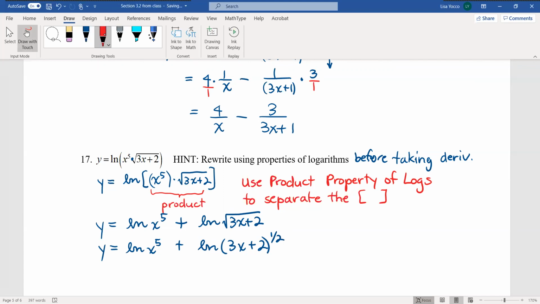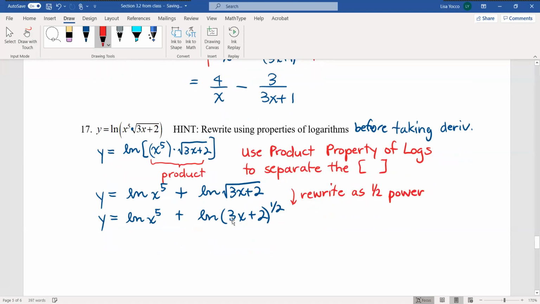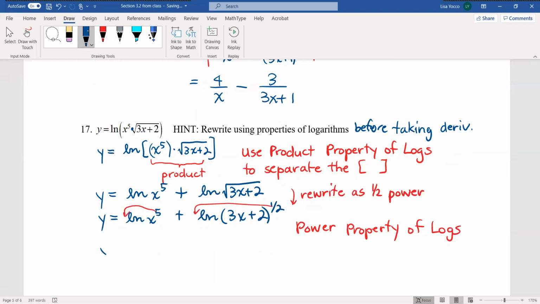Because then I can use another property of logarithms, the power property.